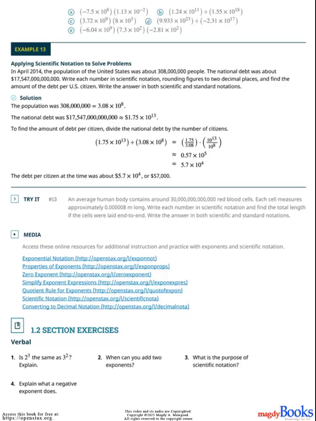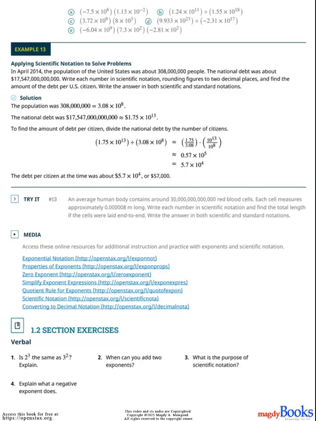Solution. The population was 308 million, equals 3.08 × 10^8. The national debt was $17,547 billion, approximately $1.75 × 10^13.